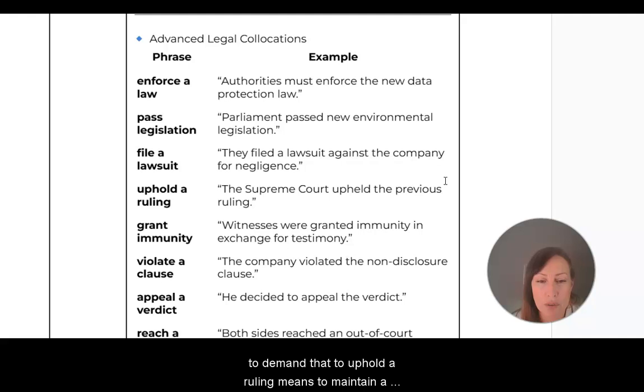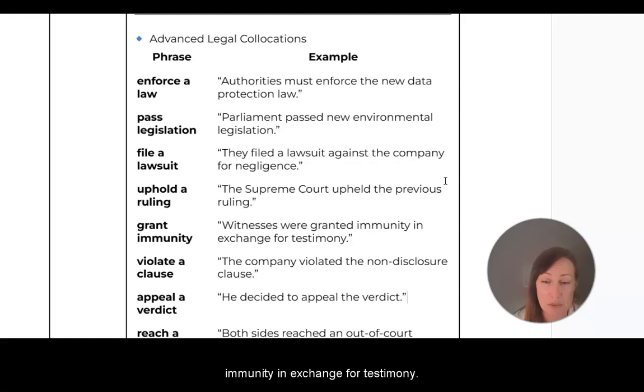To uphold a ruling means to maintain a previous decision by law. To grant immunity means that you are immune from charges. For example, witnesses were granted immunity in exchange for testimony. To violate a clause means not to comply.